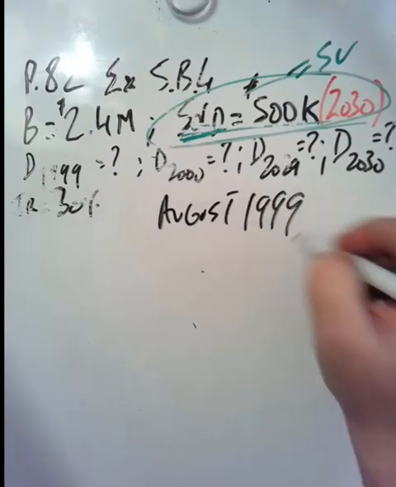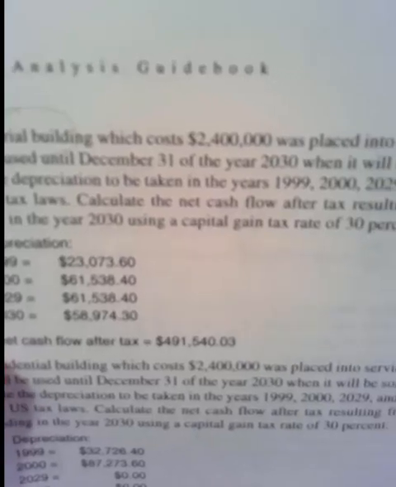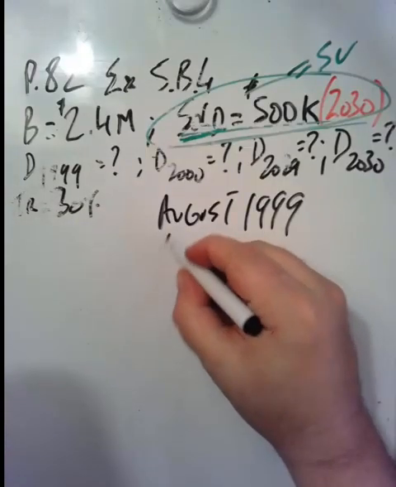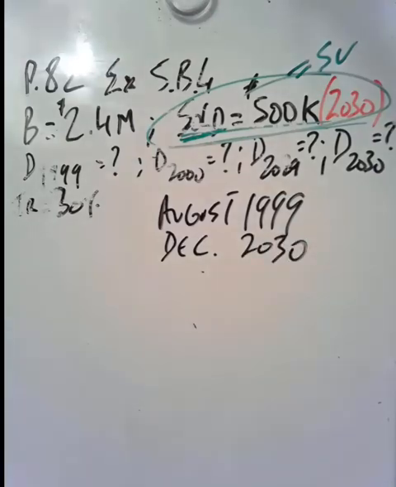that's when it starts recording depreciation, and then we're going to sell it when it will be in use until December 31st of 2030. So December of 2030. We don't care about the days, we only care about the months and the year.